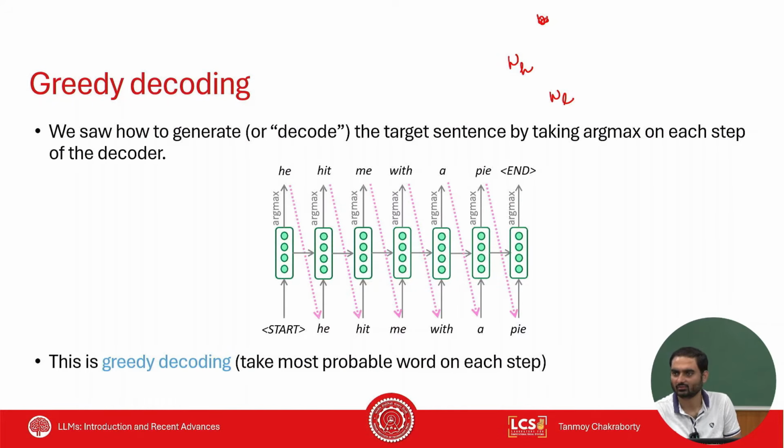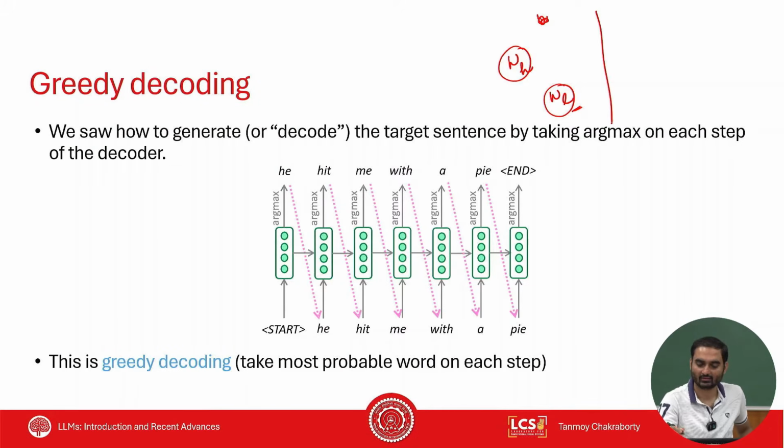U is the linear projection matrix, right? That is not there in the encoder, because at the encoder stage you are not predicting anything. So you need a WH and a WE. WE is the weight matrix corresponding to the embeddings.